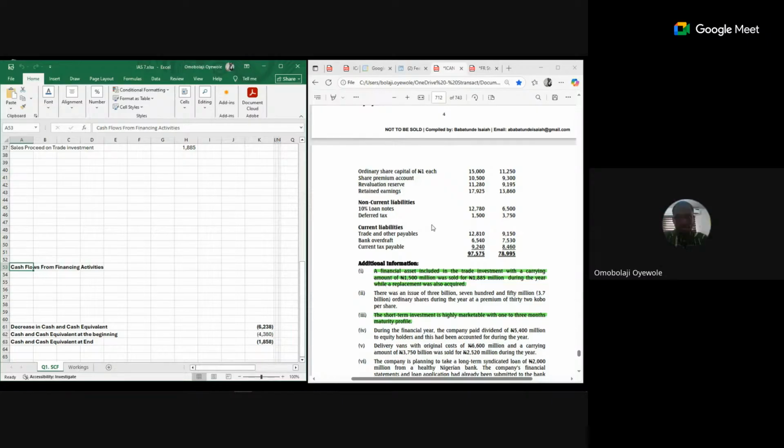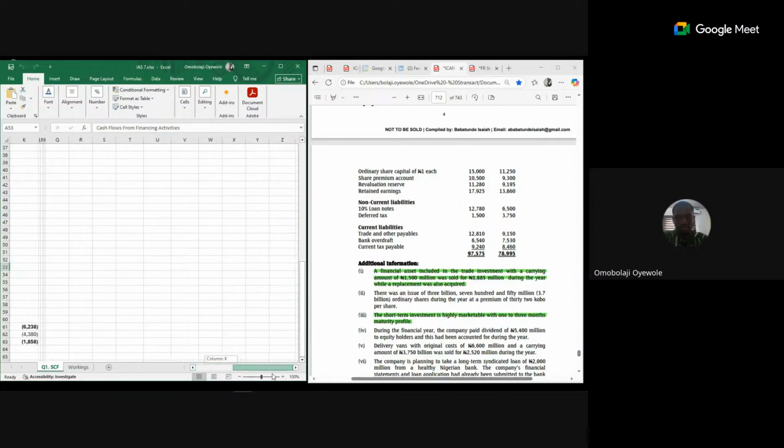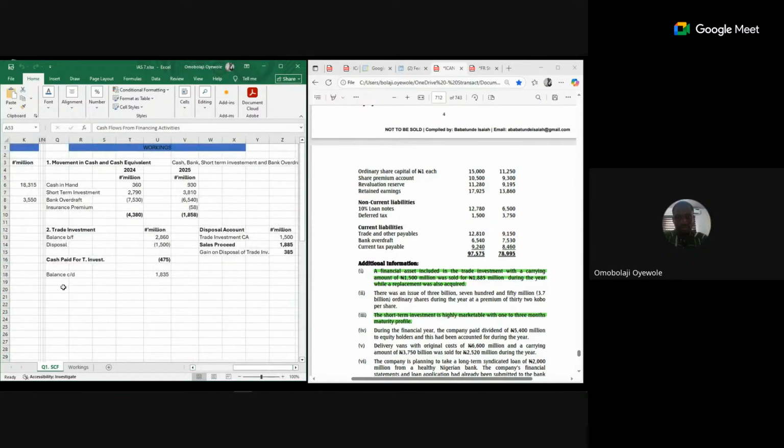Now, the first thing we are going to check is the retained earnings. Let us do an analysis on the retained earnings. We want to see if part of the shares was funded using the retained earnings.